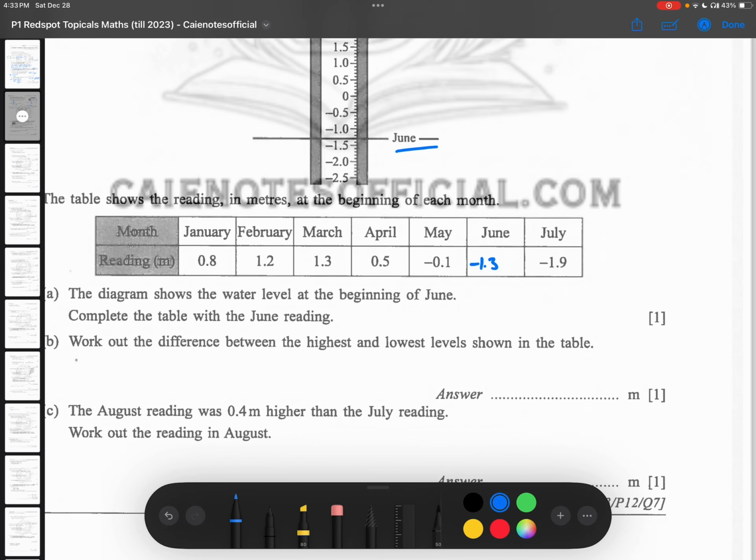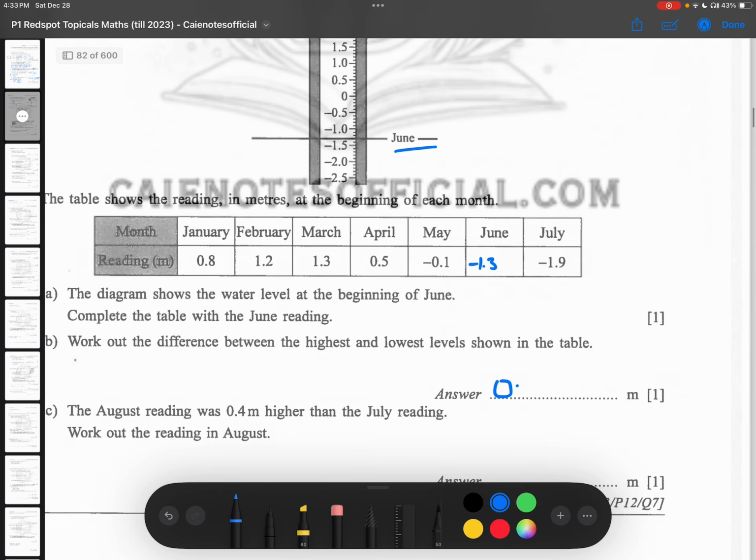Now it says work out the difference between the highest and lowest levels shown in the table. In the table, the highest value is 0.8 and the lowest value is minus 1.9. So we will find the difference between these values, 0.8 minus minus 1.9.